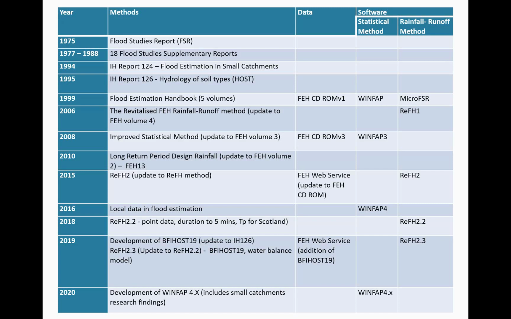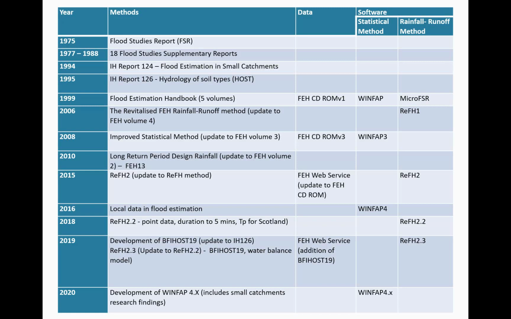With the onset of desktop computing, they also produced the WinFAP and MicroFSR software products and the FEH CD-ROM. The rainfall runoff method was first updated in 2006 alongside the development of the FEH1 software, and the statistical method was updated in 2008. The FEH CD-ROM and WinFAP 3 were also updated to reflect this.